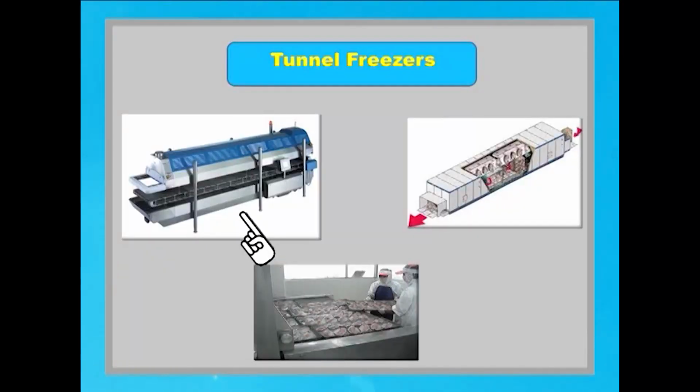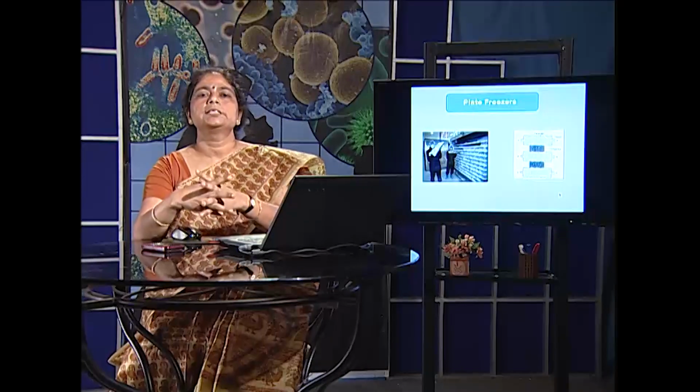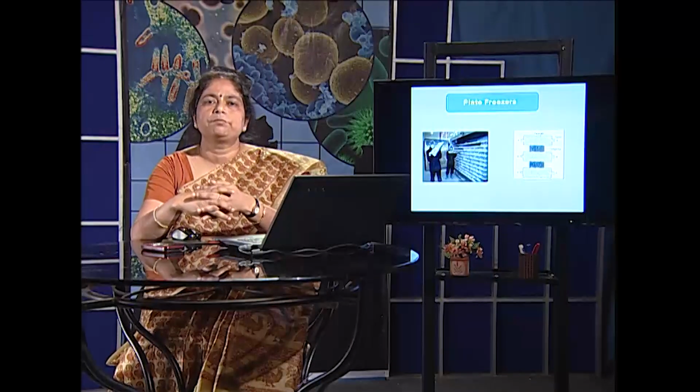Tunnel freezers are long tunnel-shaped apparatus kept in the food industry where we insert the food item in trays inside this freezer, which is maintained at about minus 30 to minus 50 degrees Celsius, and they are frozen, and after they are subjected to the low temperature, the food item comes out and is immediately packaged. Here you can see the picture where the food item which is going to be preserved is undergoing the process of tunnel freezing.